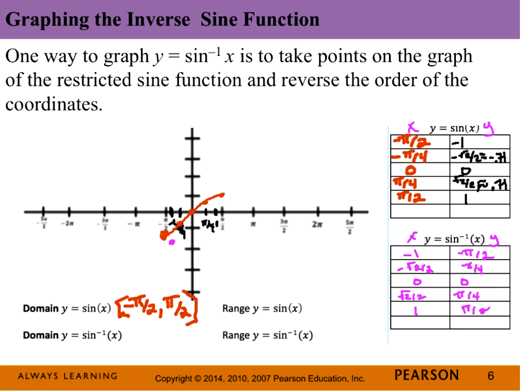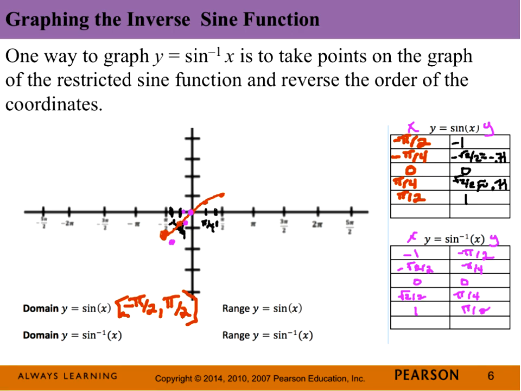So if I graph negative square root of 2 over 2 and negative pi over 4, my negative square root 2 over 2 is 0.71, and so that's going to live about right there on the x-axis. And then I'm going to drop down pi over 4, which is 0.78 or 0.79, so about right here.